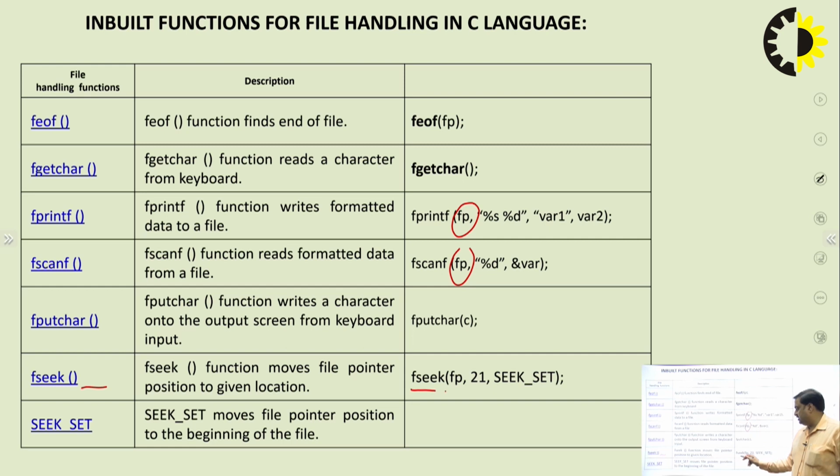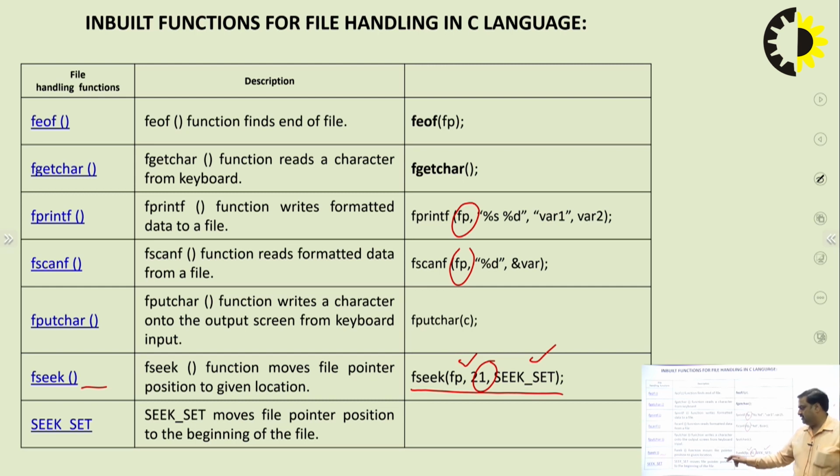Let's understand the syntax. It contains one file pointer, then the number of bytes to be moved, and then the offset, that is, from which location those number of bytes are counted. That is one constant, and these constants are already defined in stdio.h.